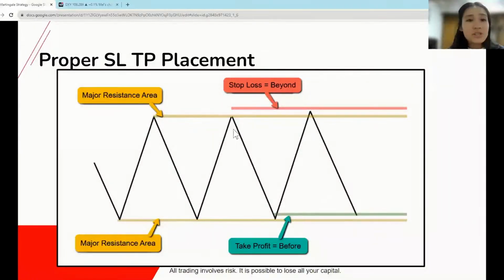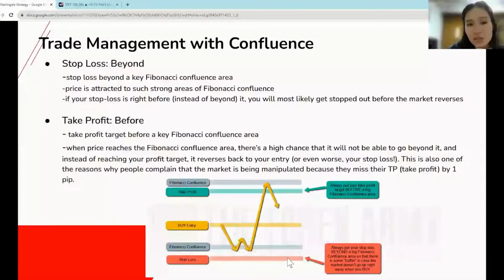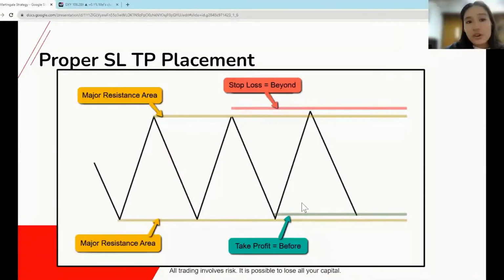We're going in for a sell, and instead of placing my take profit beyond it, like what we saw in our previous example for stop loss, now I'm placing it before it. As for our stop loss, I'm placing it beyond my major resistance or confluence area in order to make sure that I don't get stopped out before price reverses.